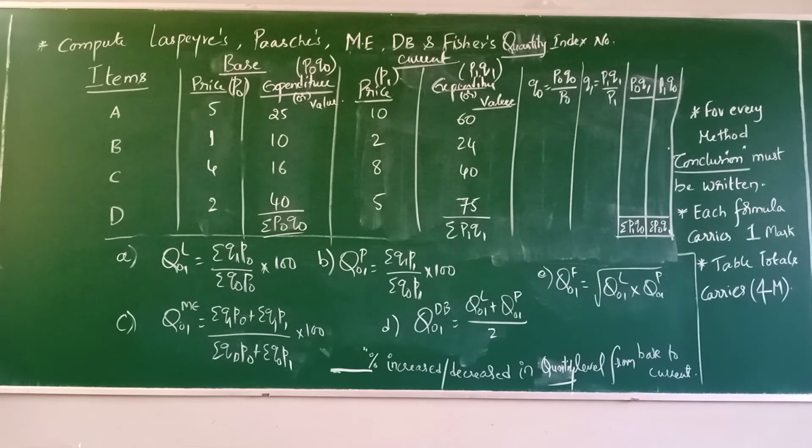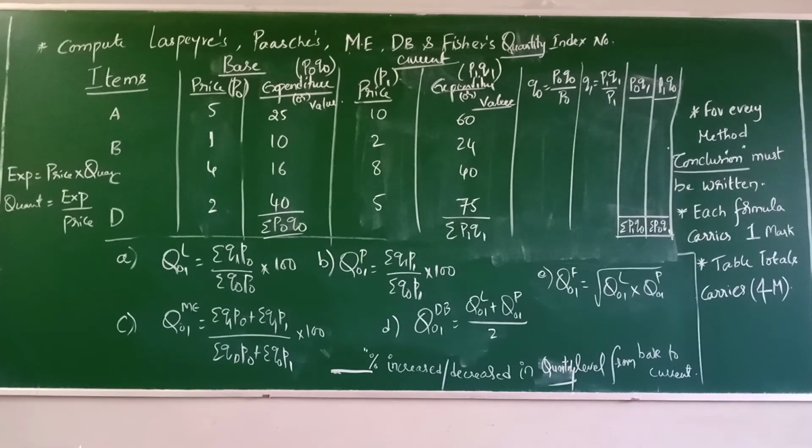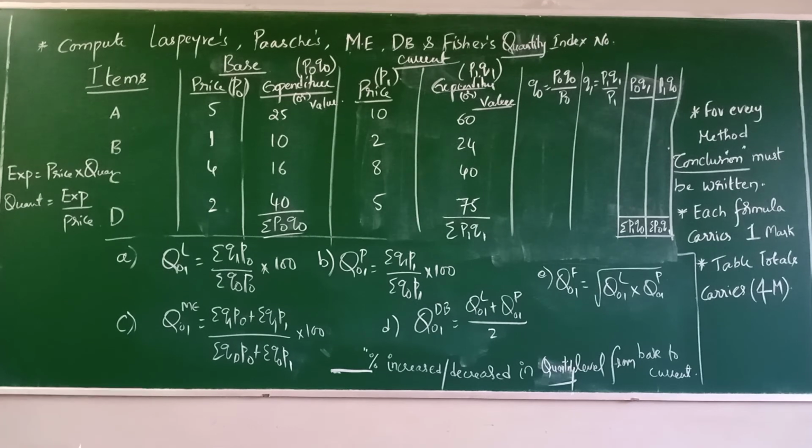You know the expenditure formula, expenditure equals price into quantity. If you want quantity, price should be the denominator: expenditure divided by price becomes quantity. So this is how the problem has to be done.